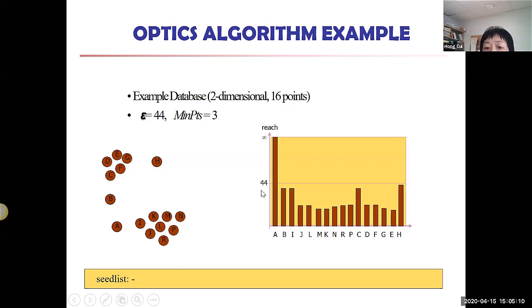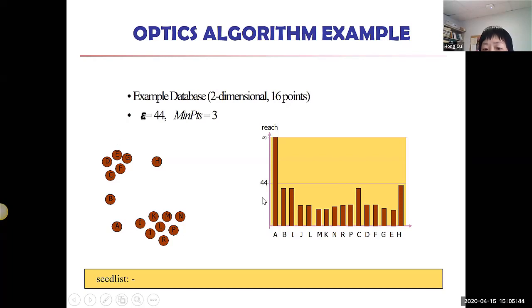adjust our epsilon. See, if we set epsilon here, we're going to have two clusters. So the reachability distance graph shows you the clusters by showing you the valleys. Every valley represents a cluster. So if we actually use 44 as our epsilon, then we have one cluster. All the data points are in one cluster.